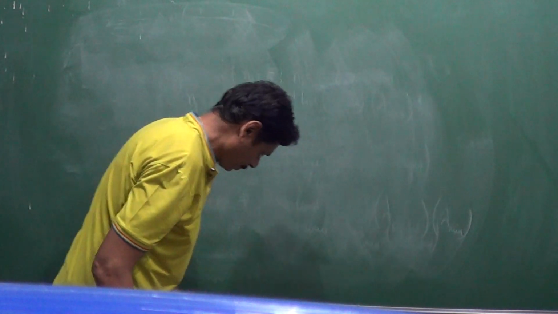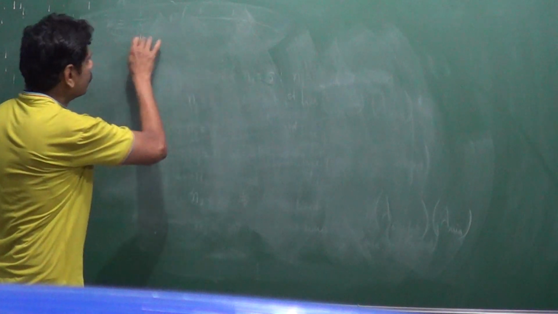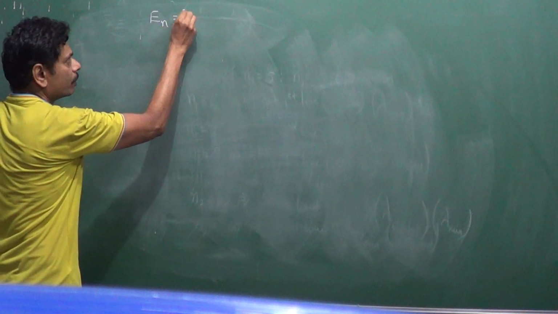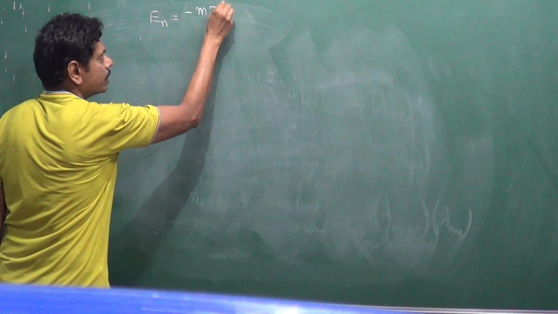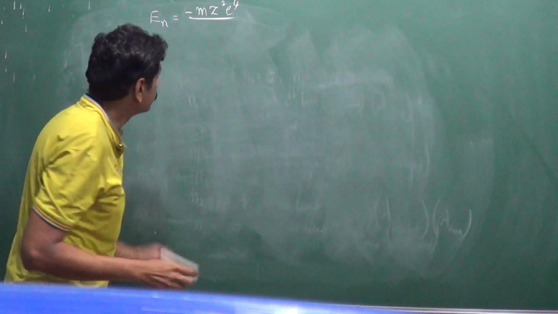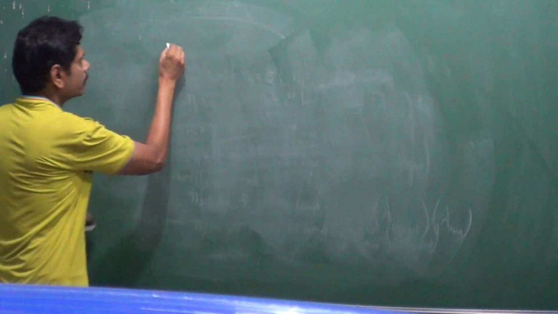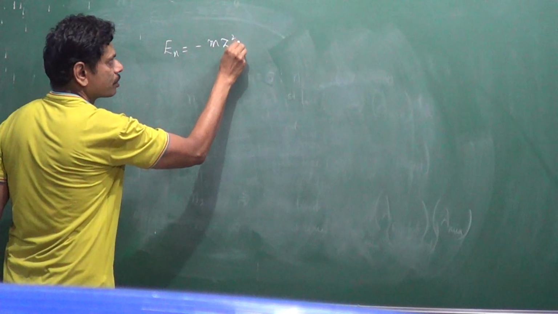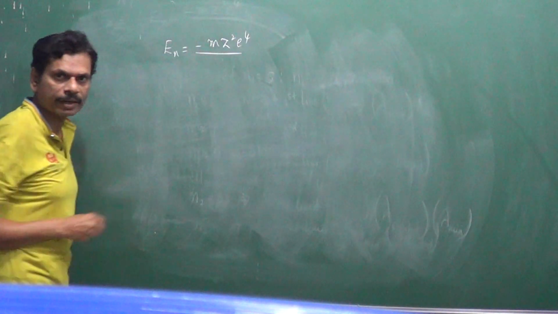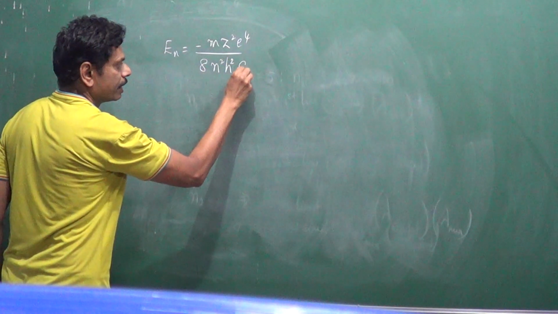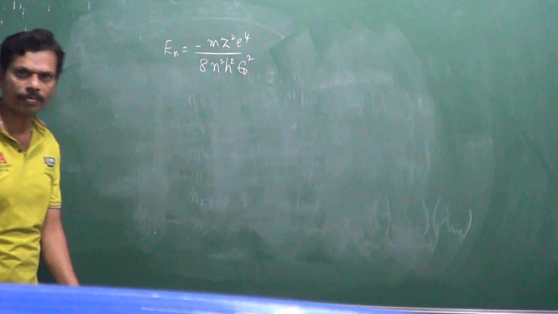Now, next concept. We know this En is equal to minus mZ square e to the power 4 divided by 8 n square h square epsilon naught square.